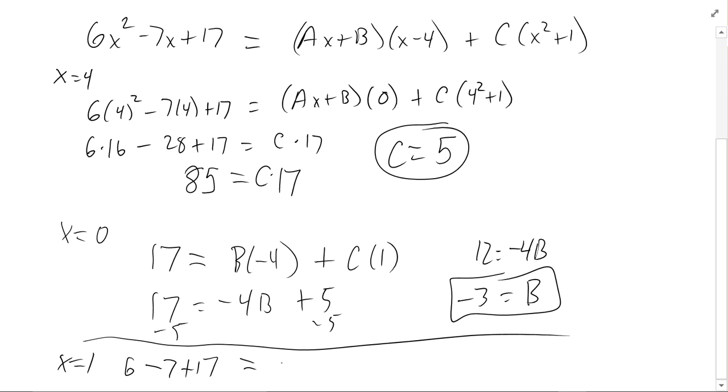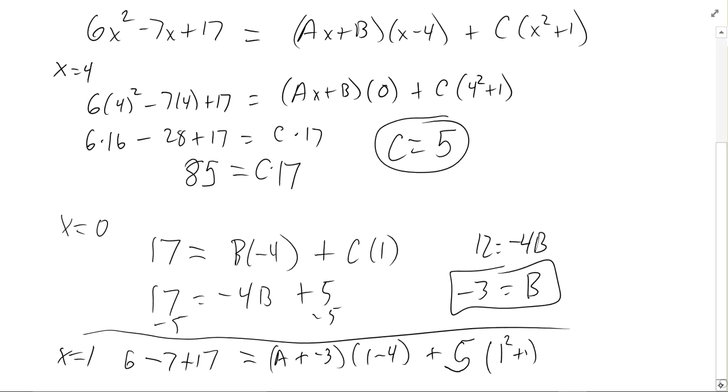On the right-hand side, I'll have a times 1, or a plus b, a plus negative 3, times 1 minus 4 plus c, well c is 5, let me just turn that c into a 5, times 1 squared plus 1.